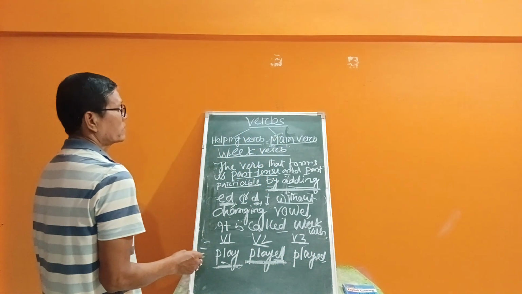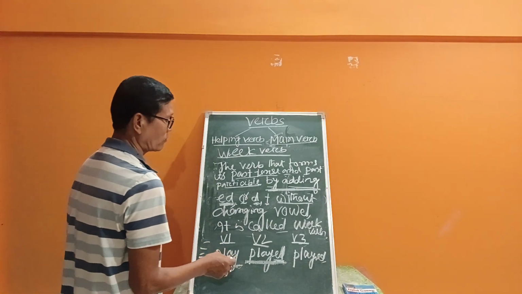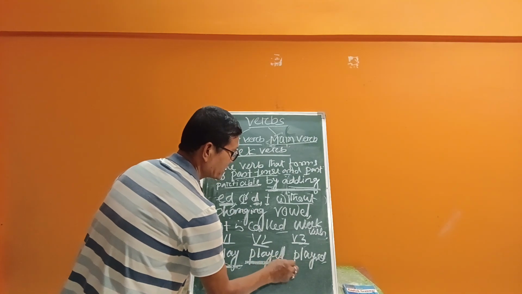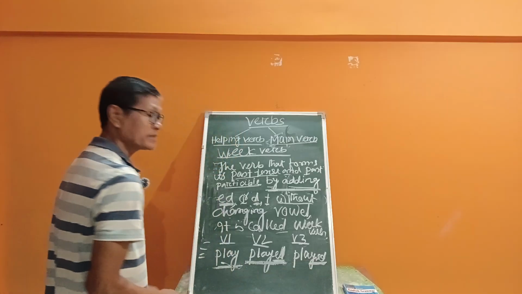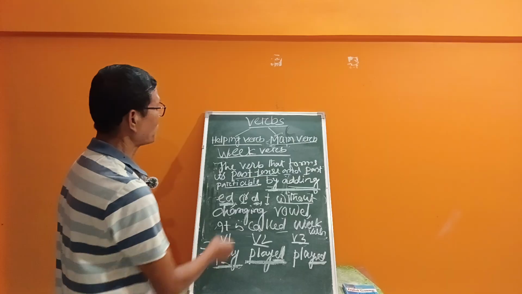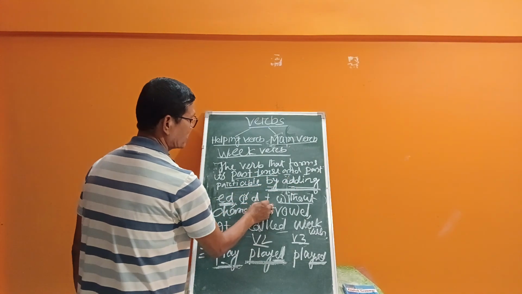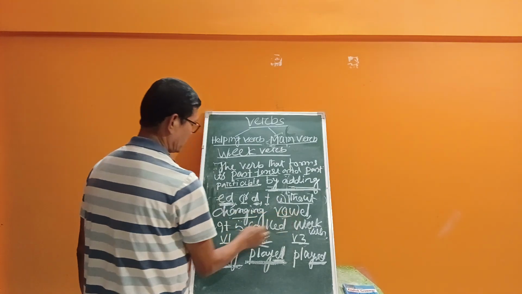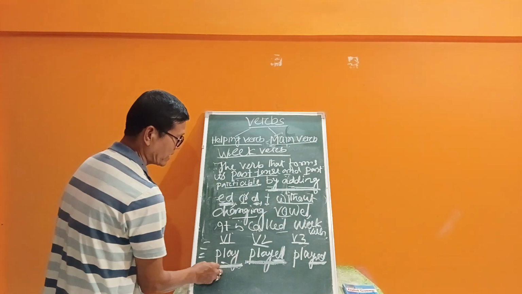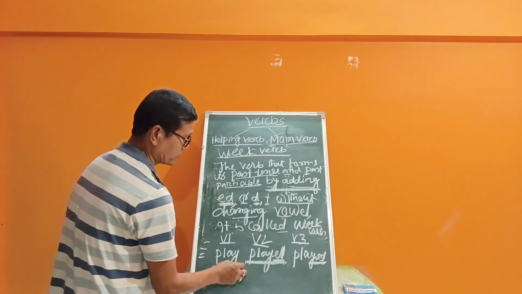The verb makes the past tense from the present tense only by adding the ed, and it is called weak verb, isn't it? The verb that forms its past tense and past participle by adding ed or d or t without changing the vowel is called weak verb. That's why, as an example, play is a weak verb, and played. How to make the weak verb?